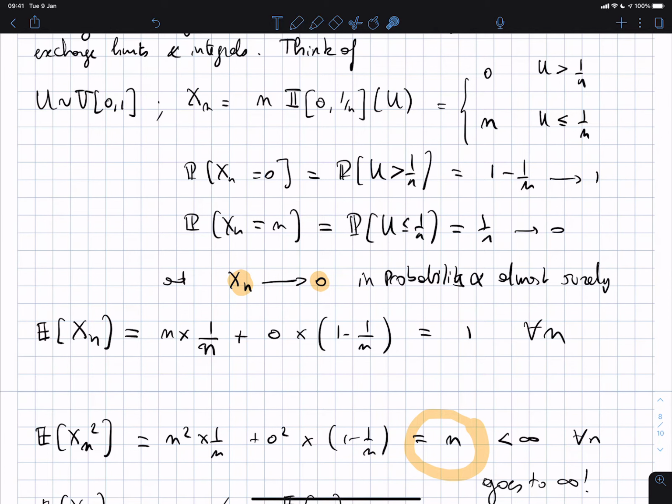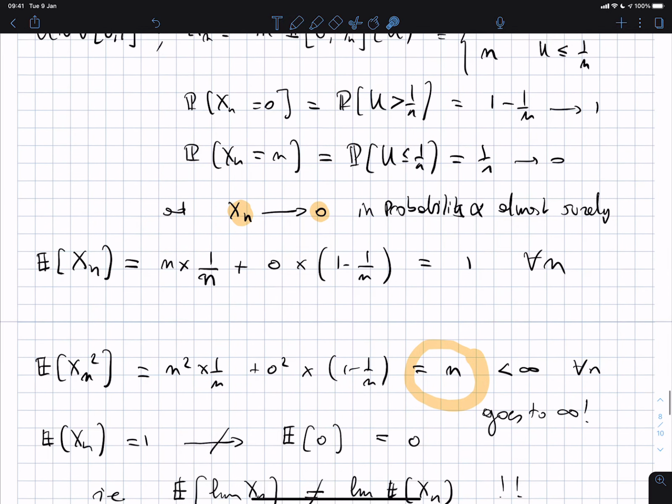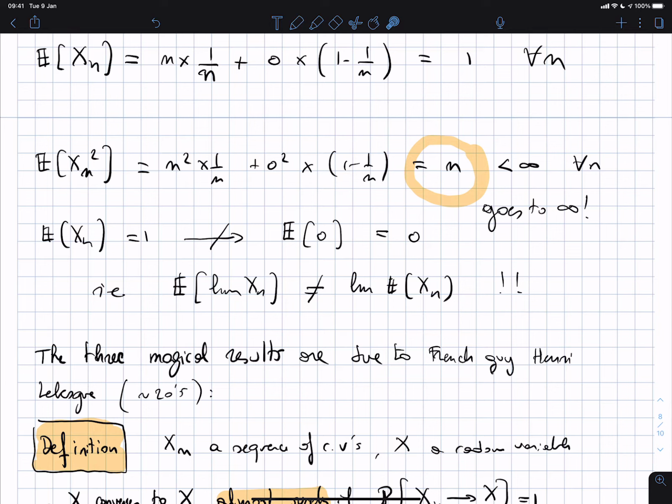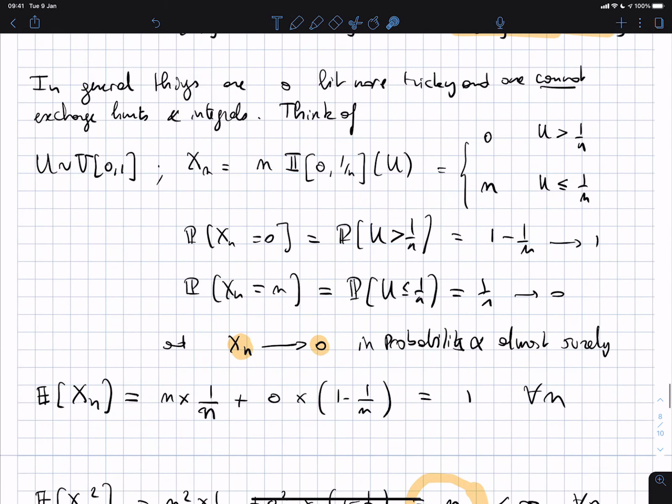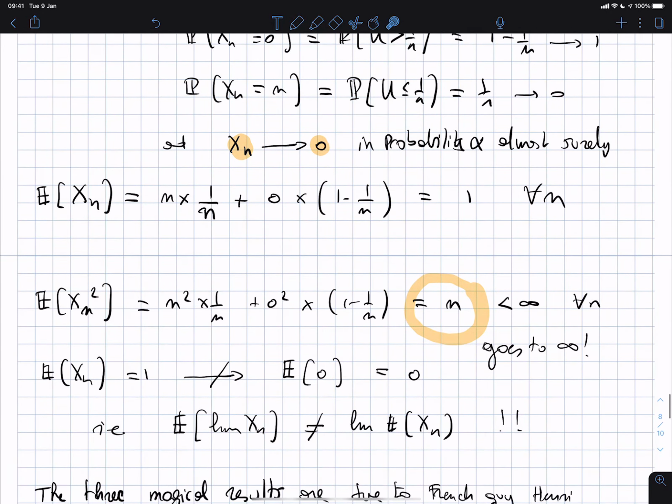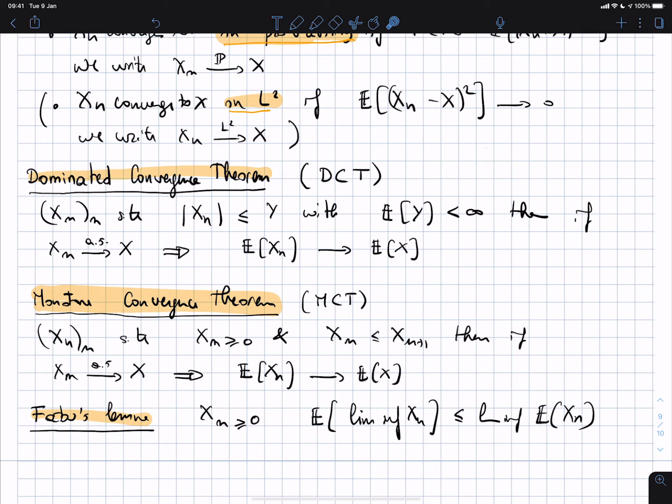If you don't understand it well, I can explain it again slowly. It's quite a healthy example showing that things are not easy, because you can construct counterexamples which make things break down. So here's an example where you can't exchange limit and integral, and then we have these three magical theorems which tell us what we can do in general. You can't do better than this.